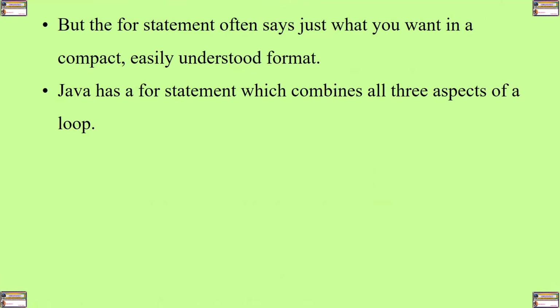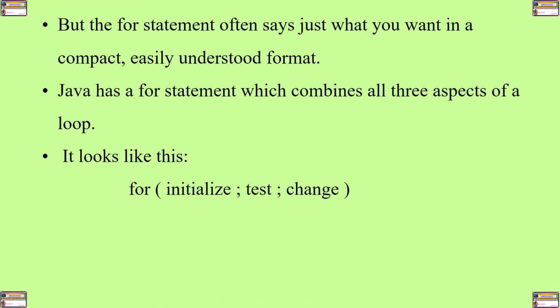Java has a for statement which combines all three aspects of a loop. It looks like this: for initialize, test the condition, then change the counter. Once you've done that, you enter the loop body. Once you initialize the counter, you test the condition.